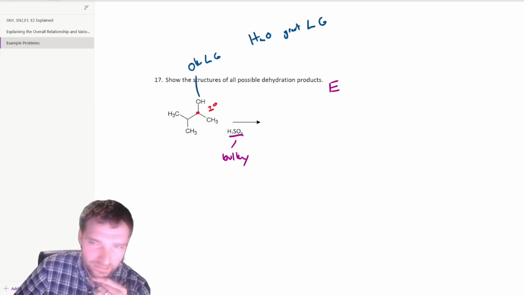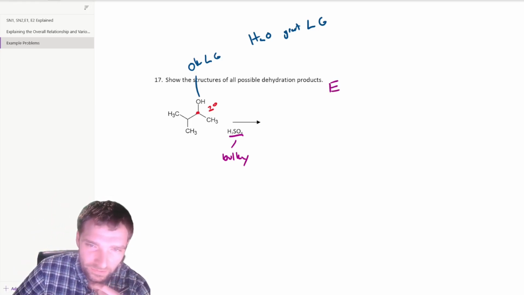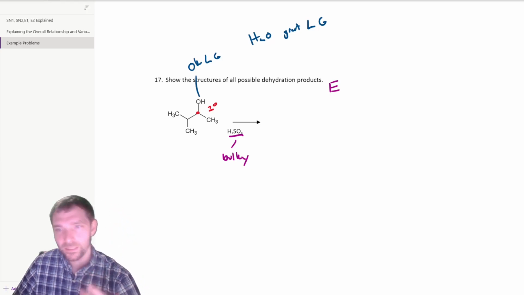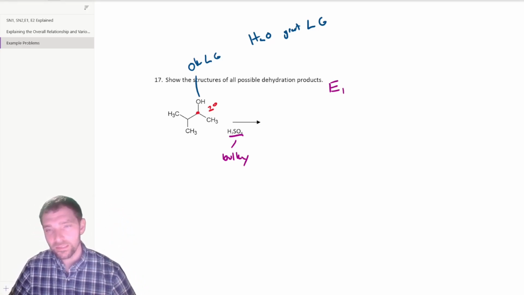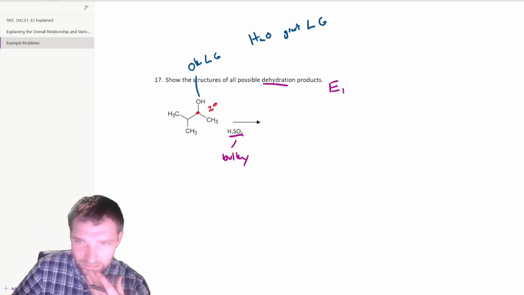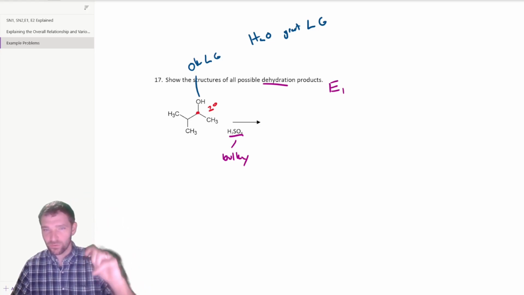Now the question is, is this in one step or is this in two steps? I think that this happens in one step, like an E1. It really doesn't matter because this is just asking for the dehydration product. And when I see dehydration, you should see that it's elimination because water is being removed in this case.